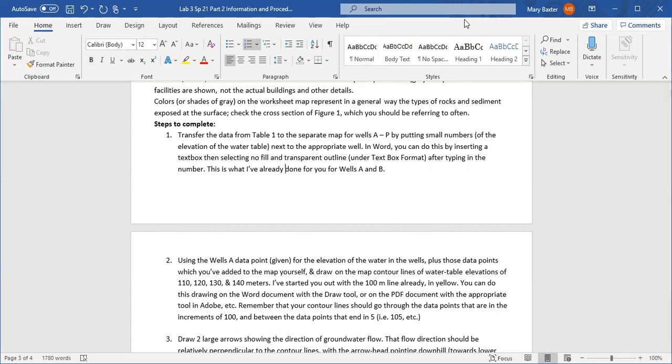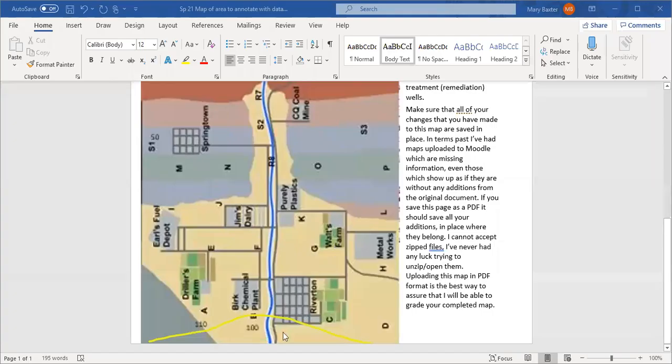So let's go back to the map. Here's A, I put a number of 110. For B, which I've got this yellow line over, 100. Now, it just so happens that B is the only water table elevation that was 100.